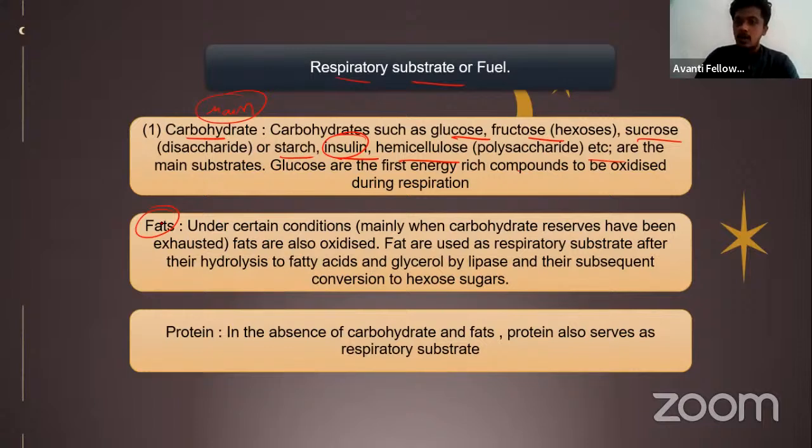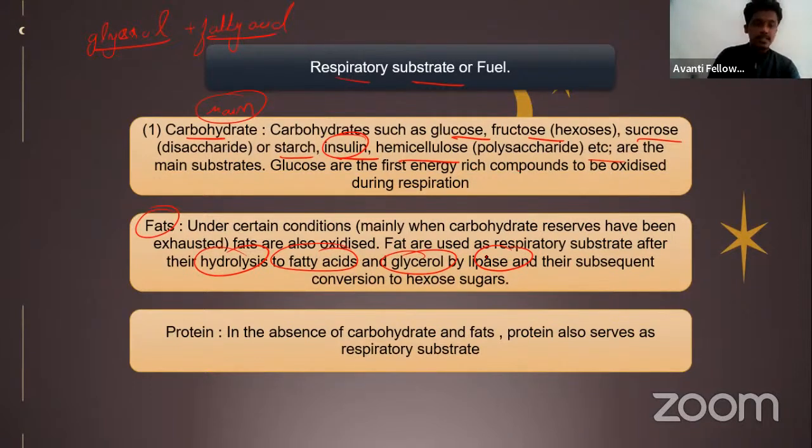Fats are hydrolyzed, meaning they are broken down into glycerol and fatty acids by an enzyme called lipase. This is called fat hydrolysis. And this is again used for the conversion to hexose sugar, so that is how it helps in generation of energy.